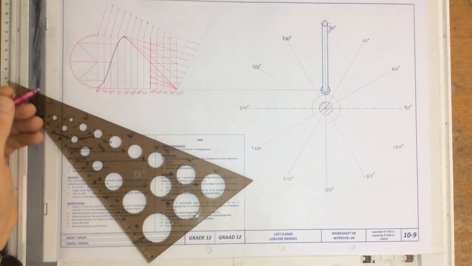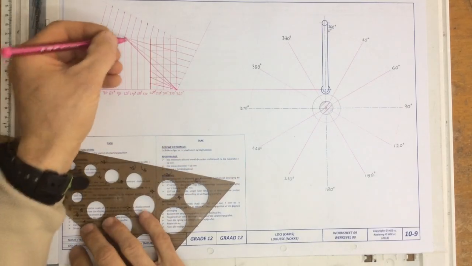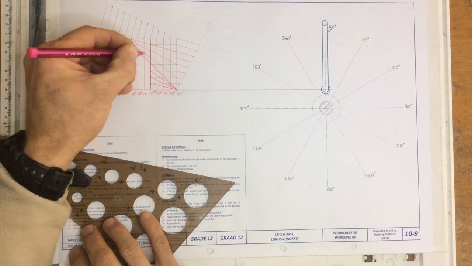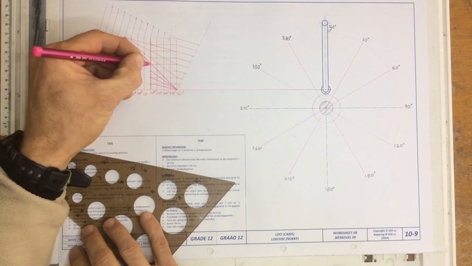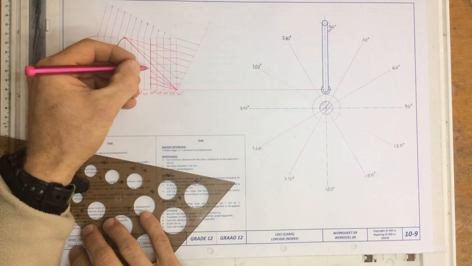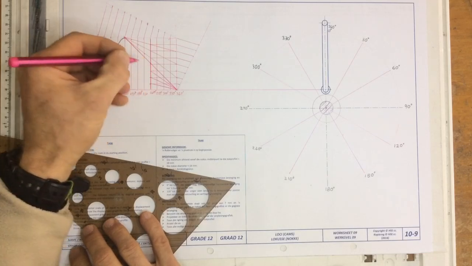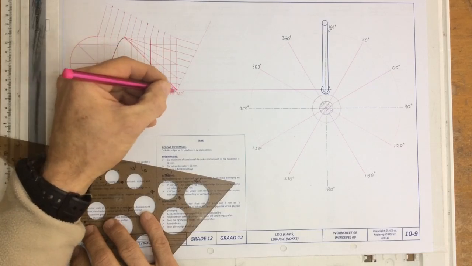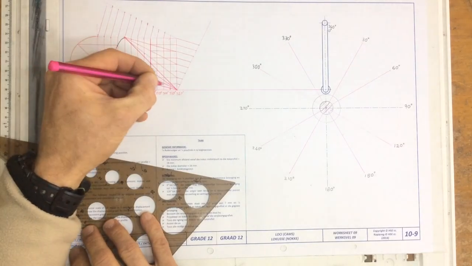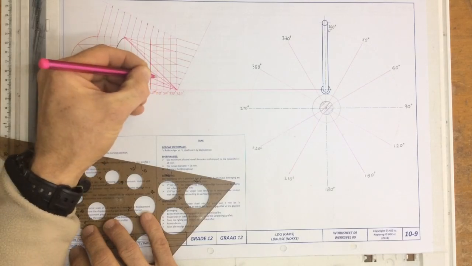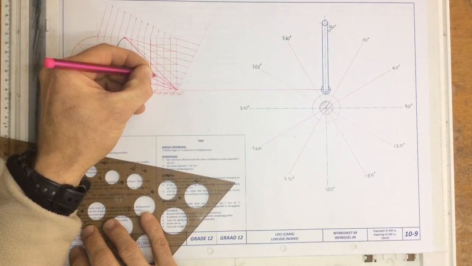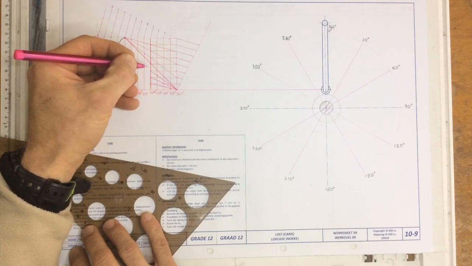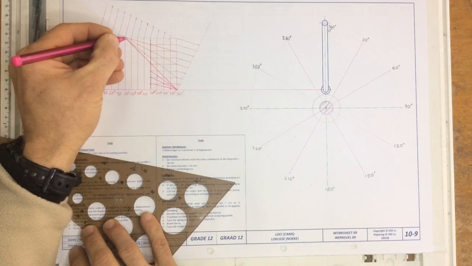Right, once I've got that, what does that do for me? It gives me some points over here, which I can then mark off, coming down like that, and some points over here, which I'm going to be able to mark off as well. Let's just go from the base over here, that one, that one, that one. Okay, let's have a look at how that looks.